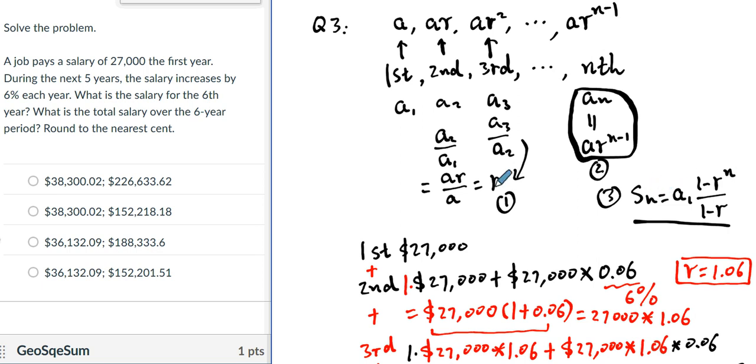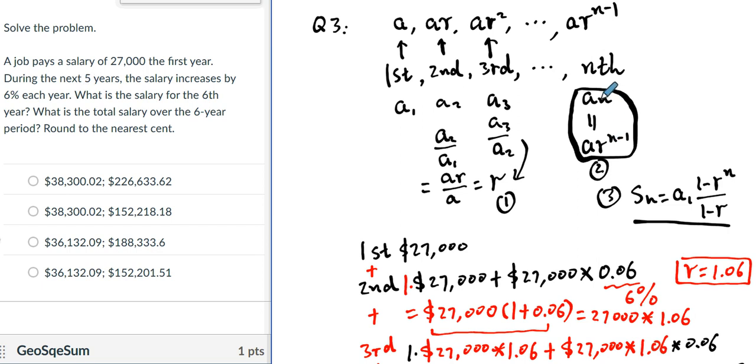If you want to find the sum of the 6 years, if here is 6, then here will be 6. That's different. For the 6th term, we want to use the initial term, 27,000, and the common ratio to the 5th, since it's the next 5 years.